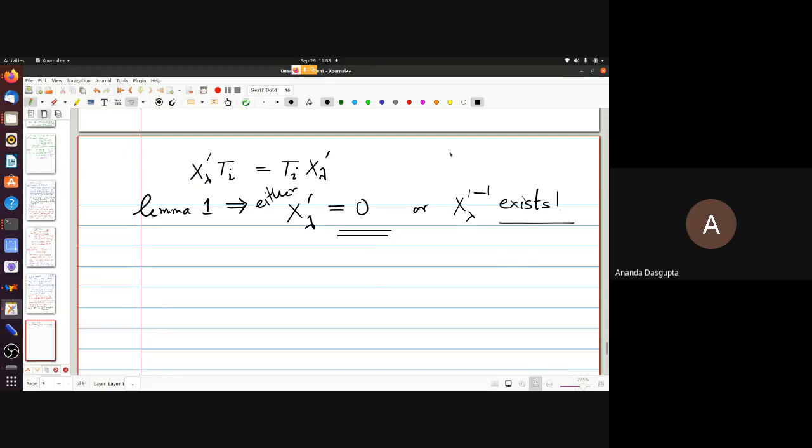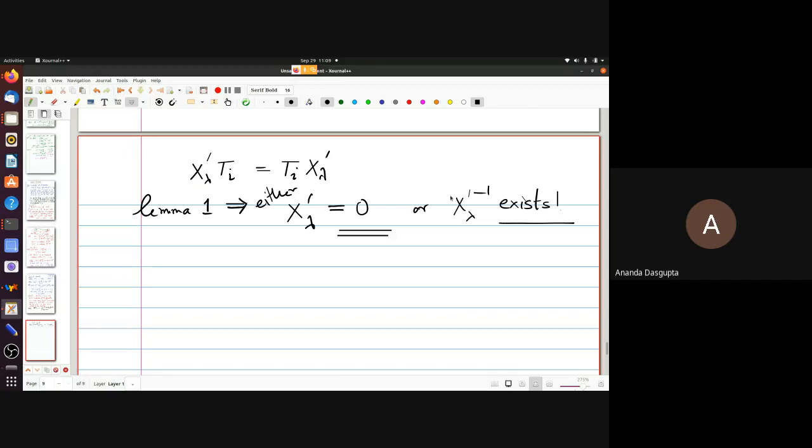You just as well say, okay, fine, x prime lambda inverse exists. And then you no longer have this result that x is lambda I, right? But you have to show that there exists at least one lambda for which x prime lambda is 0. That is, the inverse does not exist.